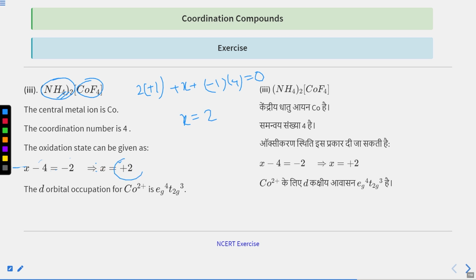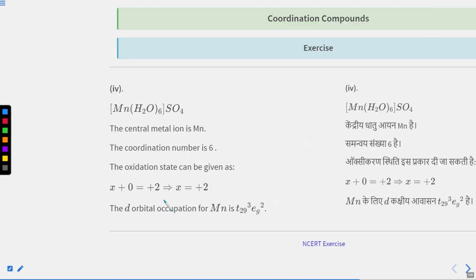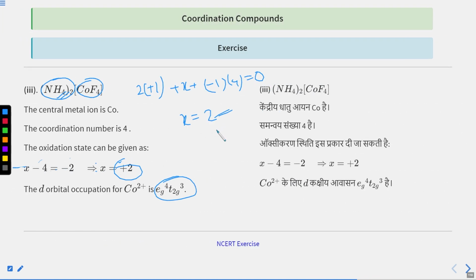So the oxidation state is +2. Now again, fluorine is a weak ligand, so it will not show pairing. If you try to fill this, we have 2 on the upper level and 3 on the lower level.